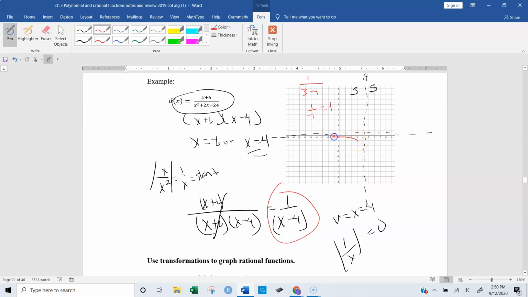So it approaches this direction, and it approaches this direction. Now, let's plug in the 5. So we go 1 over 5 minus 4, which equals 1 over 1, which is 1. So 5, 1 is here. Again, you're following along the asymptotes at your point, and that's your graph.